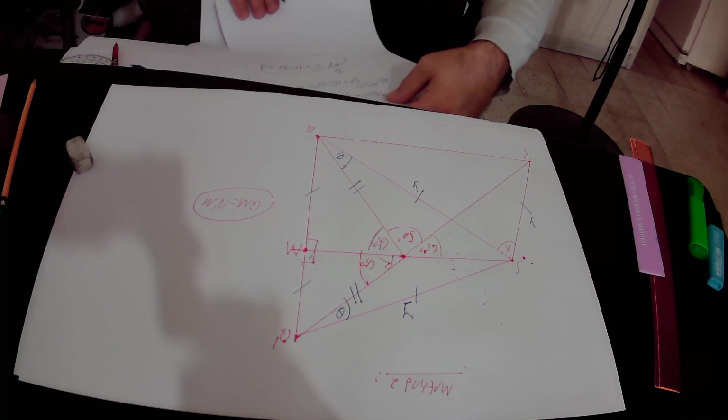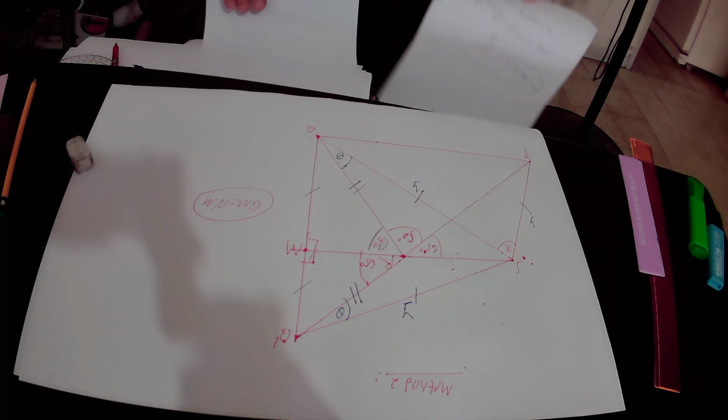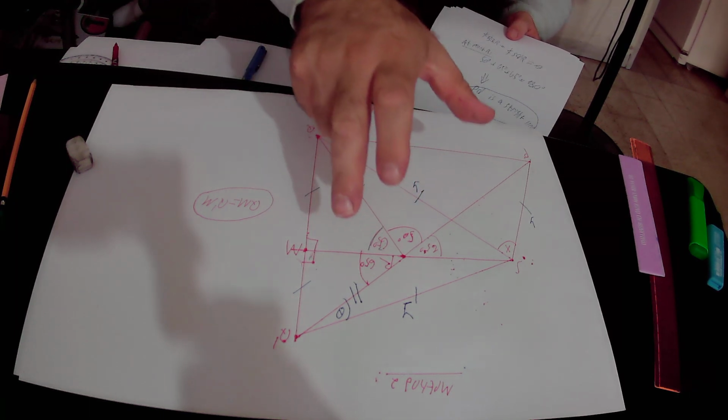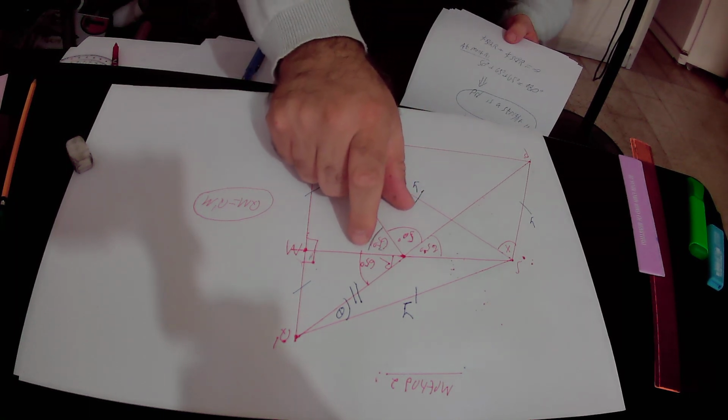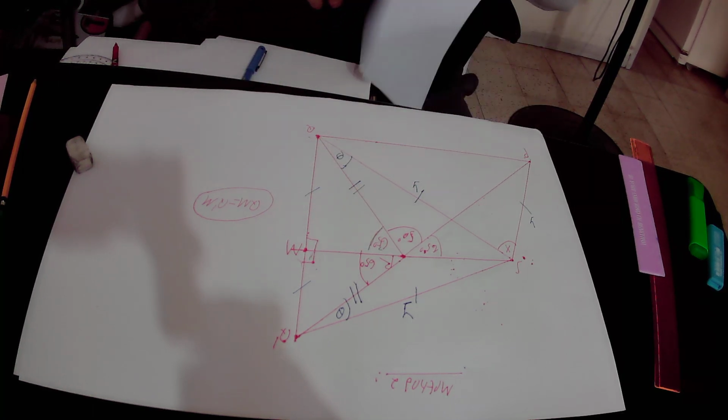Again, PQ dash is a straight line because at point R on this side of line PQ dash we have in total 180 degrees. Therefore PQ dash is a straight line.